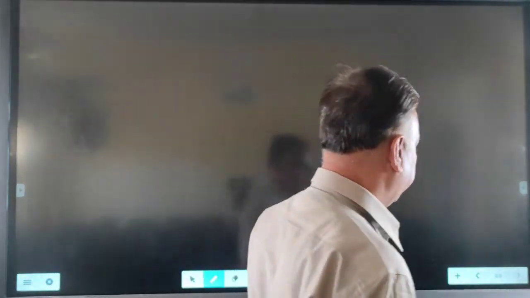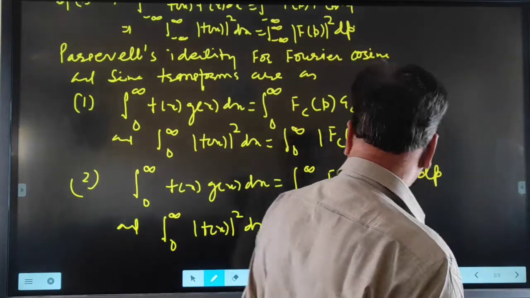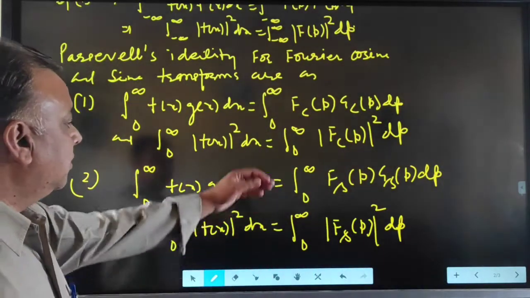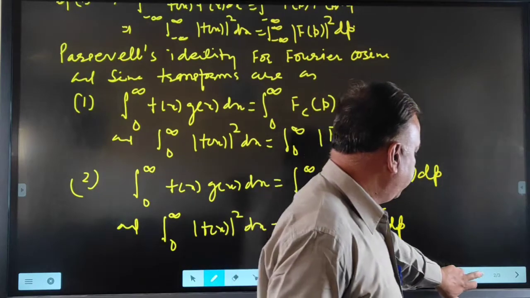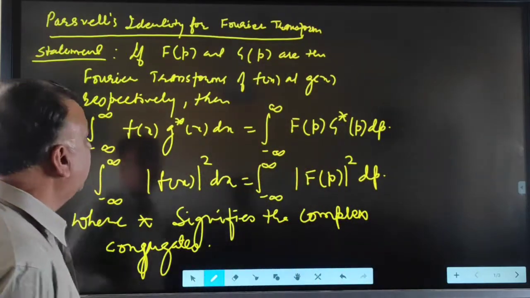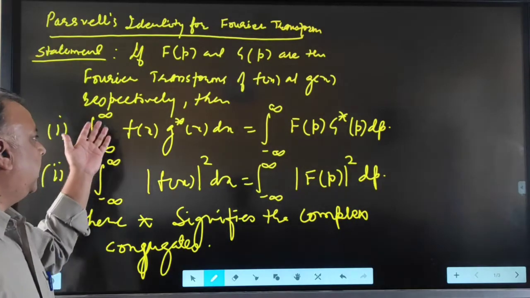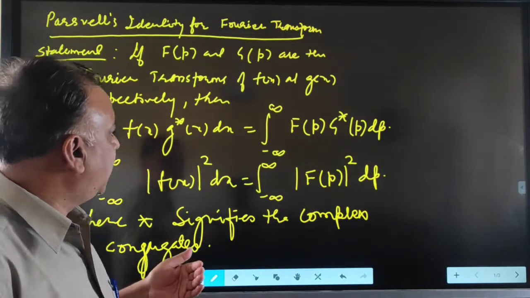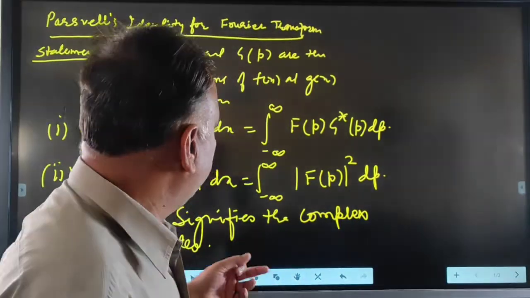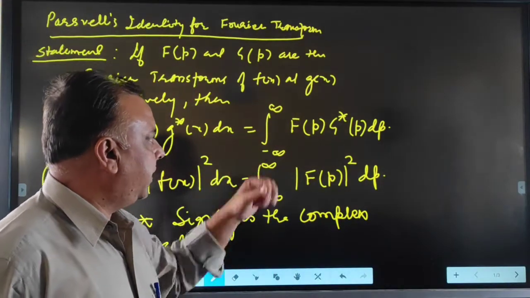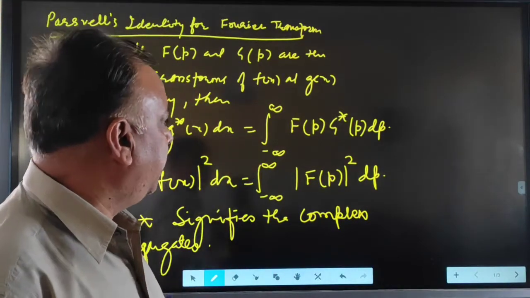Good morning, students. As we have studied earlier, the Parseval's identity for the complex Fourier transformation is: integral from minus infinity to infinity of f(x) g star(x) dx is equal to integral from minus infinity to infinity of f(p) g star(p) dp.